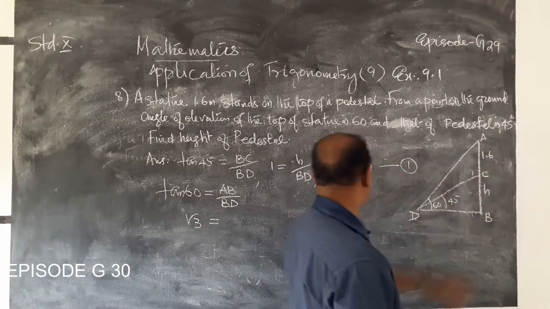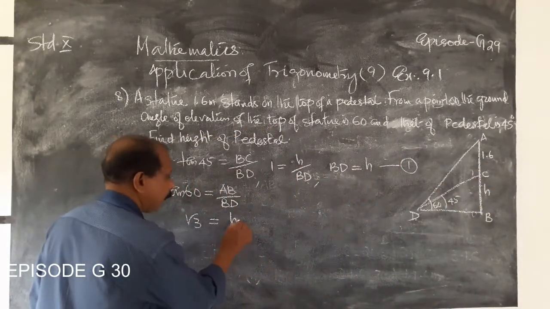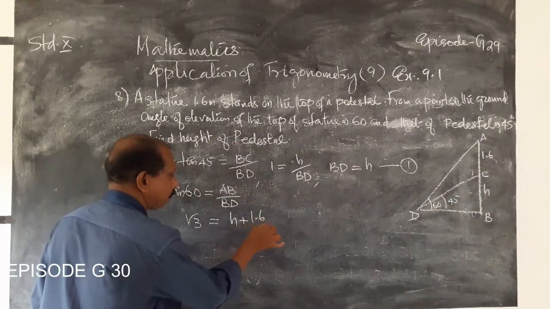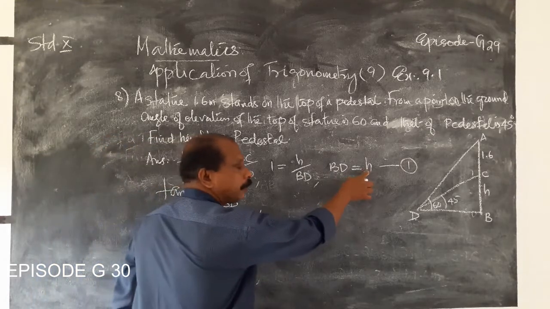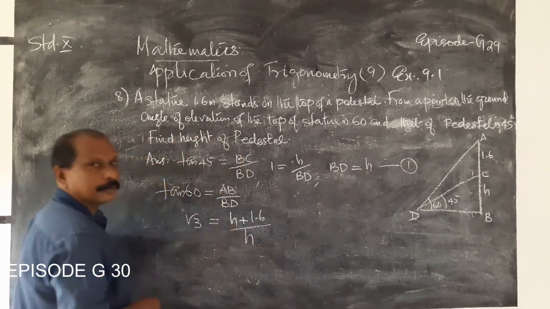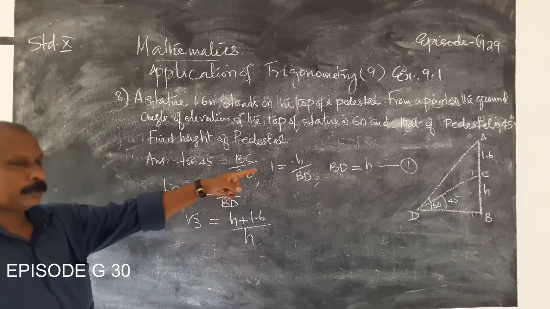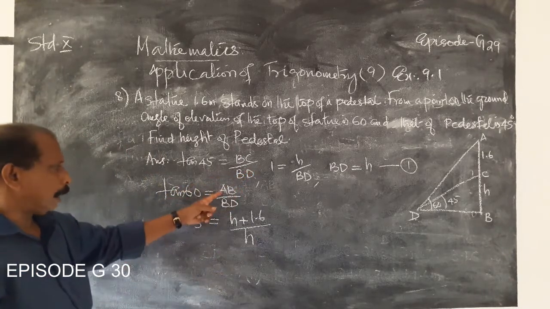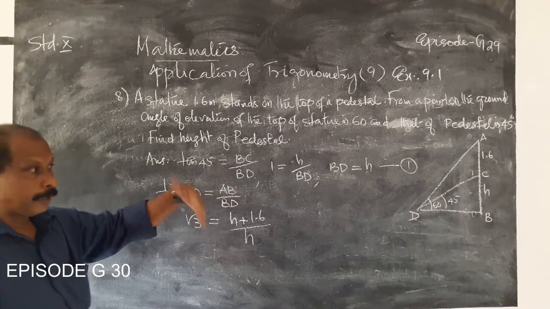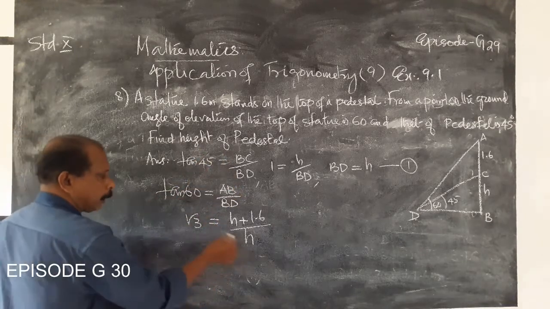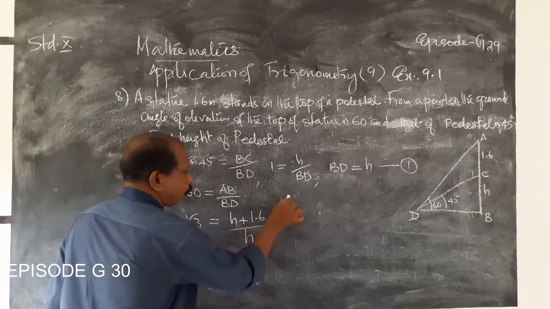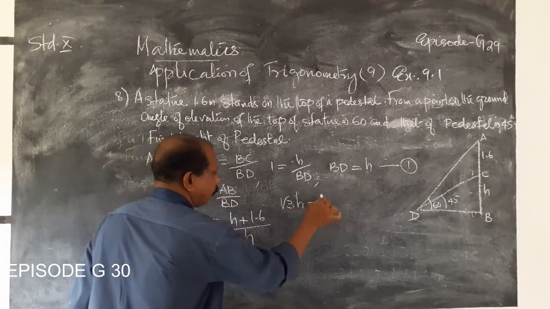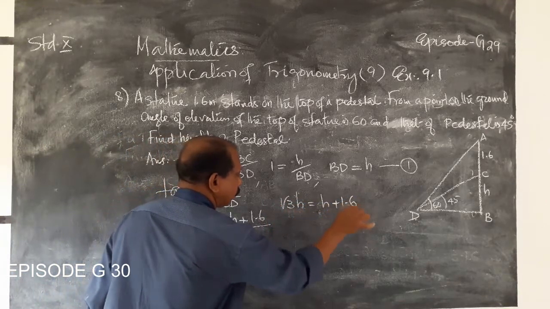AB is H plus 1.6. Therefore, it is H plus 1.6 by BD. What is BD? It is H. Clear? BD is equal to H from the first equation, and AB is H plus 1.6. Cross multiplication, root 3 H is equal to H plus 1.6.